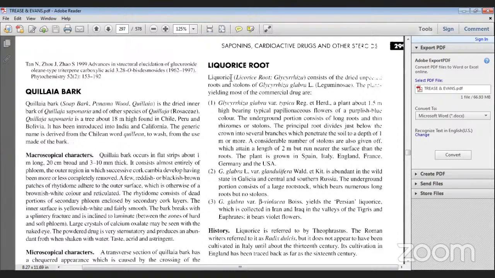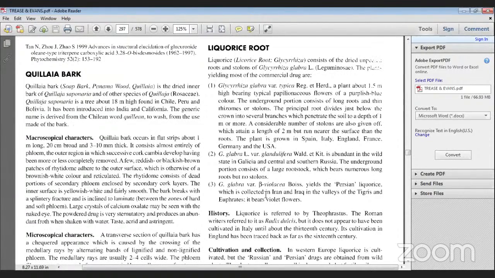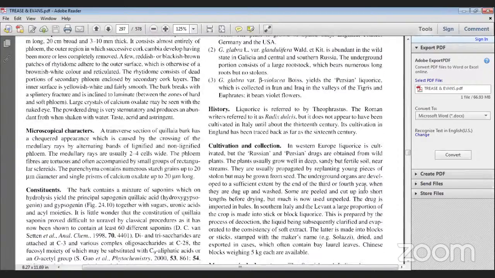It is commercially available, native to Spain and England, and also found in Russia and India. Glycyrrhiza glandulifera is the Russian liquorice, and the Glycyrrhiza glabra variety violacea is the Persian liquorice.